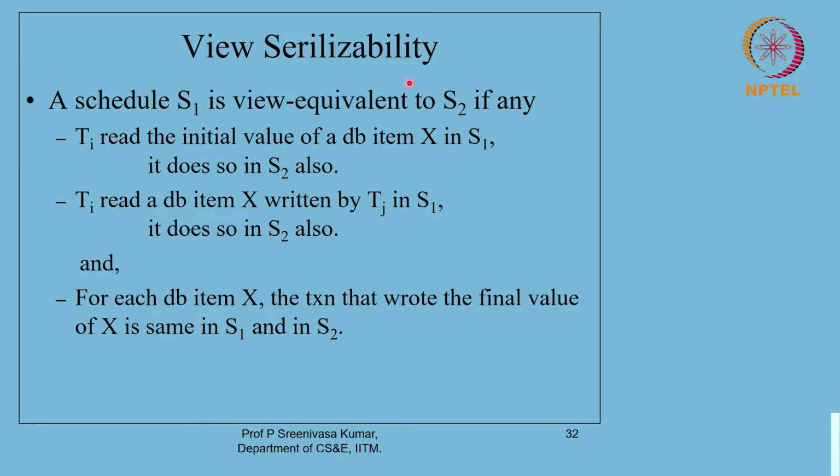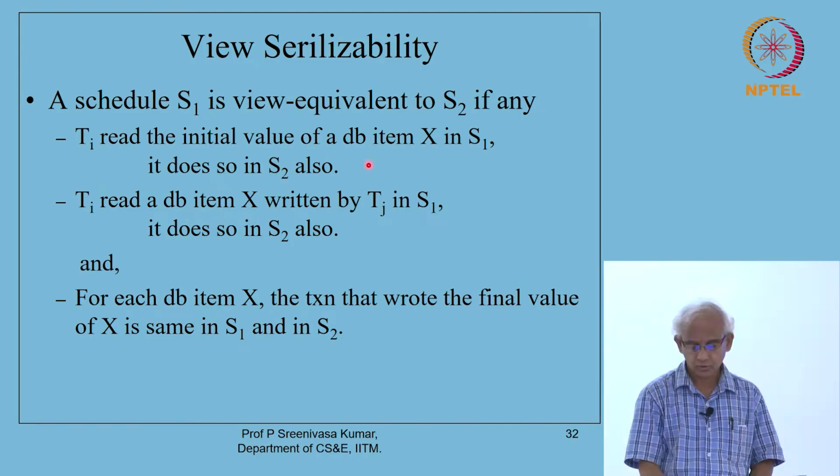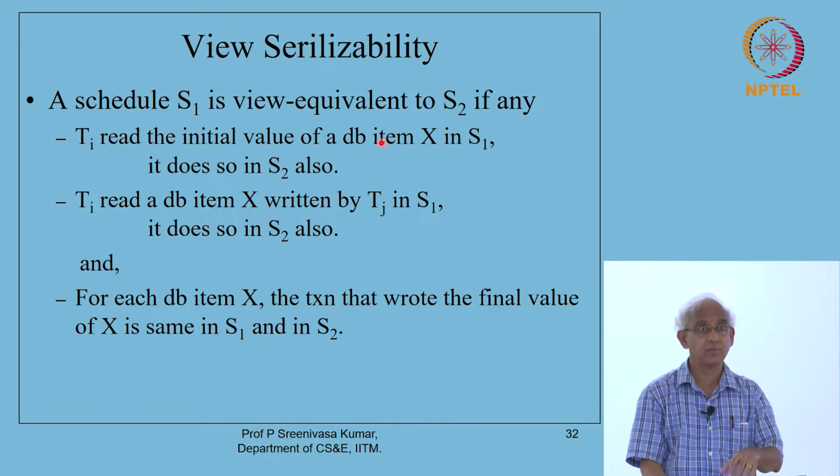So, in both S1 and S2, if Ti is the one that reads the initial value of some database item, it will be the same. For every DB item, the transaction that reads it first is the same in both.